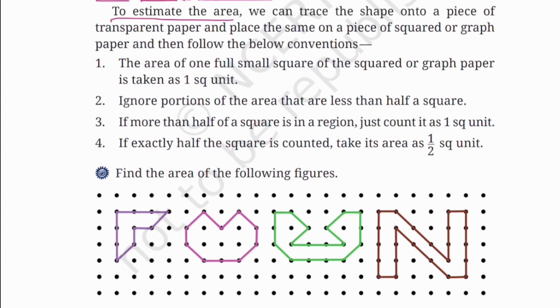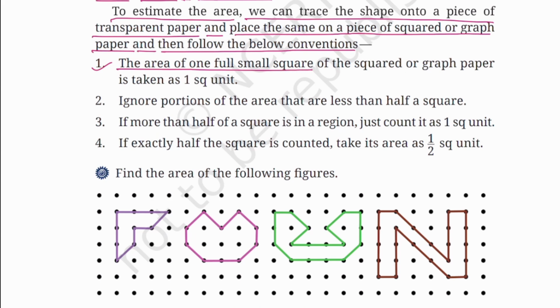To estimate the area, we can trace the shape onto a piece of transparent paper and place the same on a piece of squared or graph paper and then follow the below conventions. 1. The area of one full small square of the squared or graph paper is taken as 1 square unit. 2.